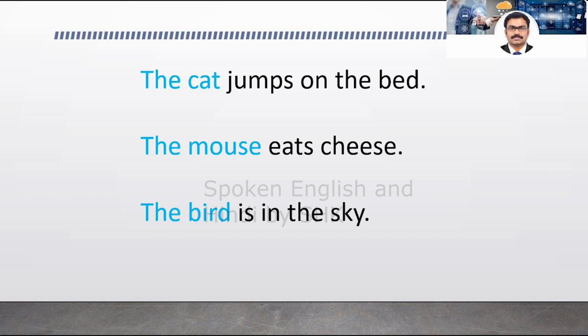Here, the mouse is the subject, who or what this sentence is about, with eats cheese being the predicate, where eats is the verb and cheese is the object. Then we have the bird is in the sky. Here the bird is the subject. Is in the sky is our predicate, with is being the verb and the sky the object.